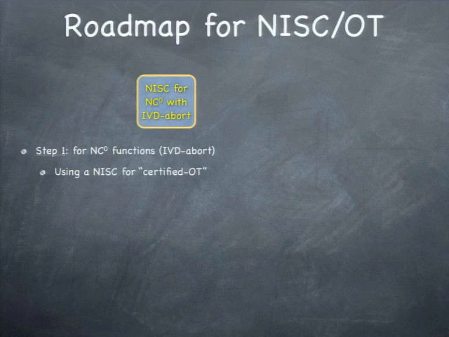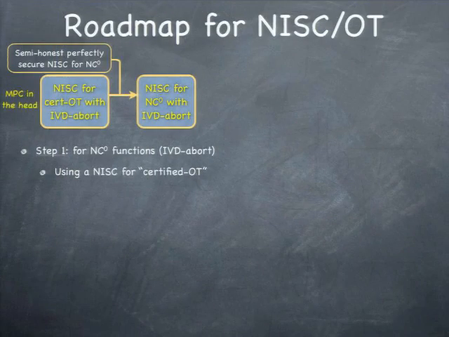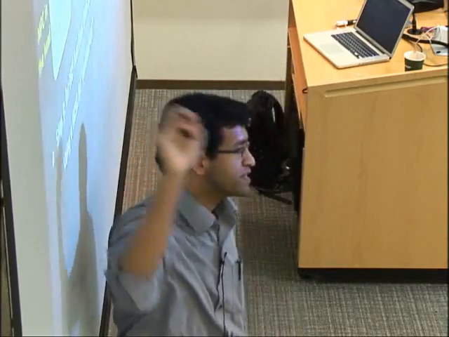To build that, we use something called a certified OT. It's a simple enough primitive that we define, and we build a NISC for this particular primitive using the MPC-in-the-head kind of idea.